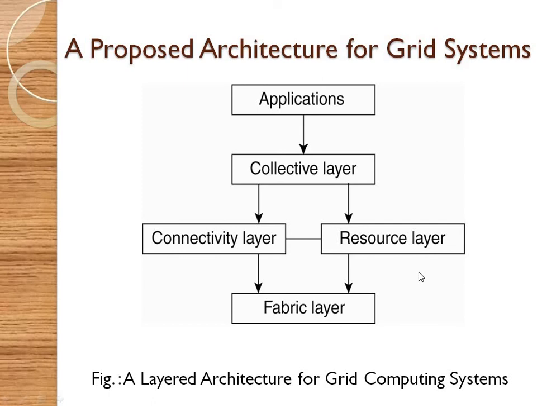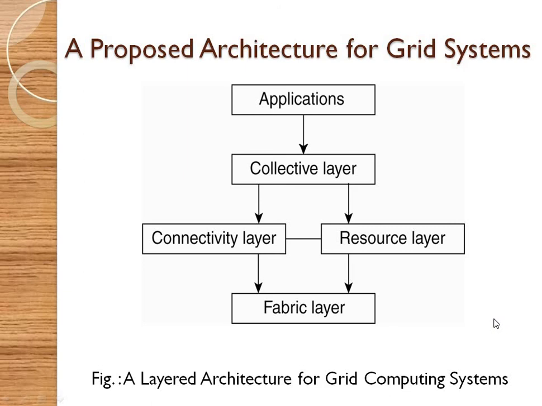The next layer in the hierarchy is the collective layer. It deals with access to multiple resources and typically consists of services for resource discovery, allocation, and scheduling of tasks on multiple resources. It is also responsible for data replication.